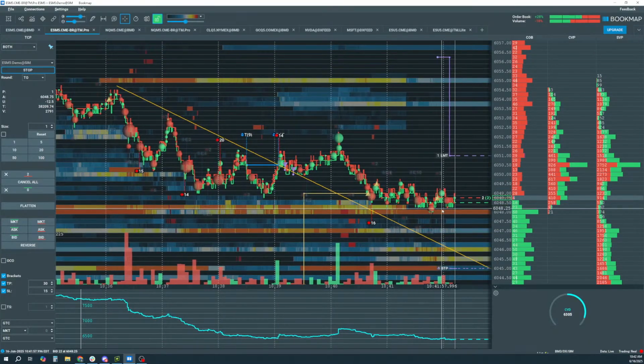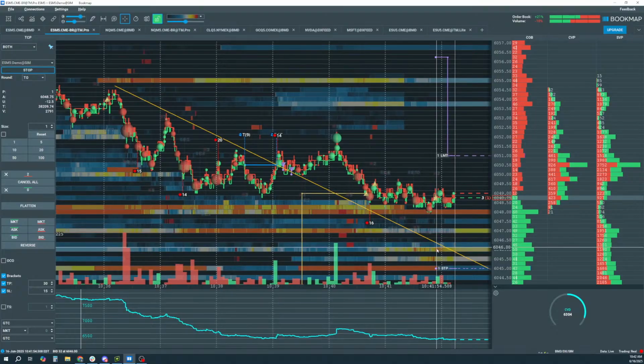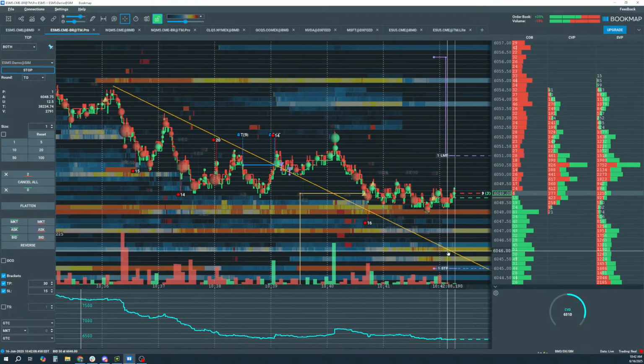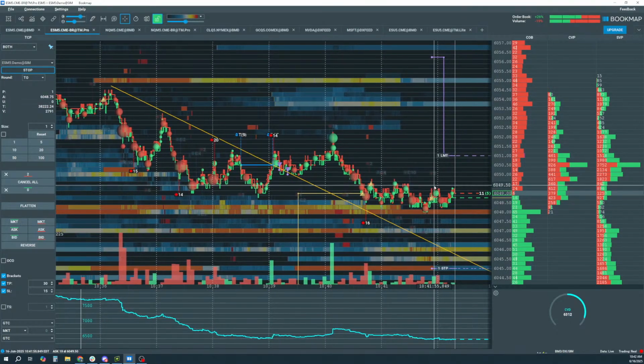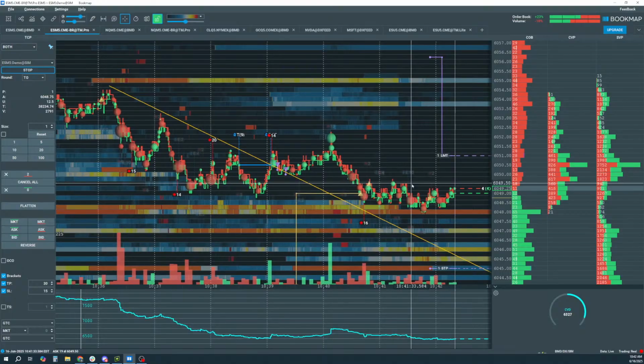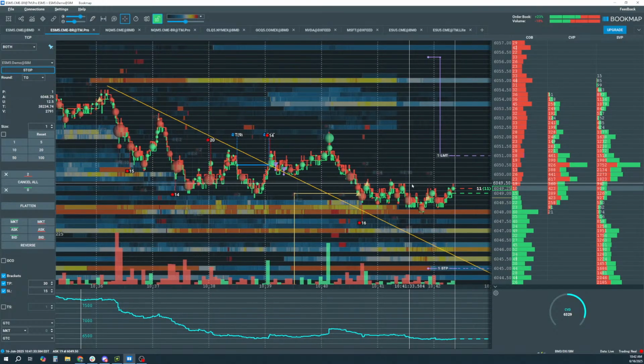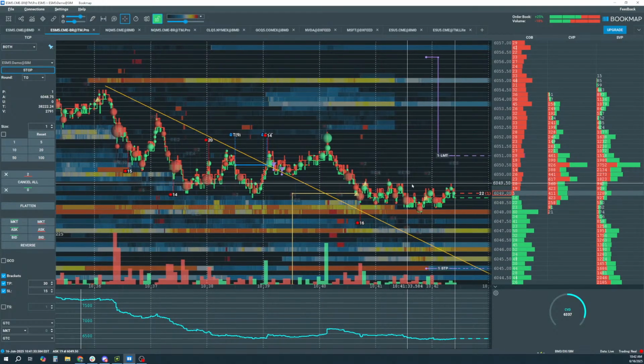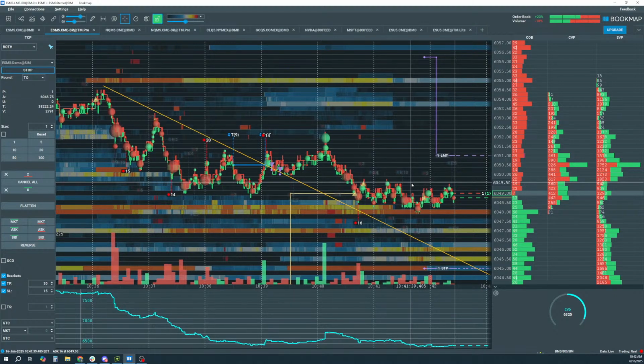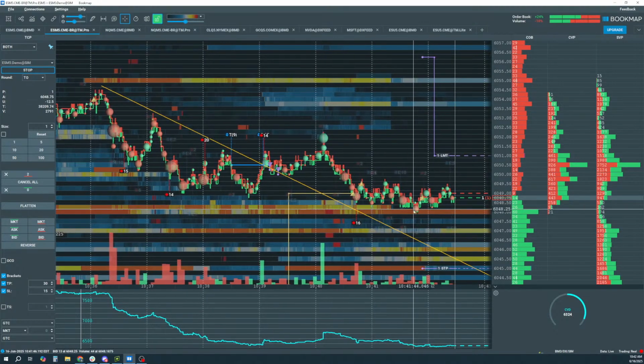Okay, so we found some sellers. Now do we find some buyers? Okay, it's going to the top of this little range right here, just a few ticks wide, or like 1.5 or so wide.